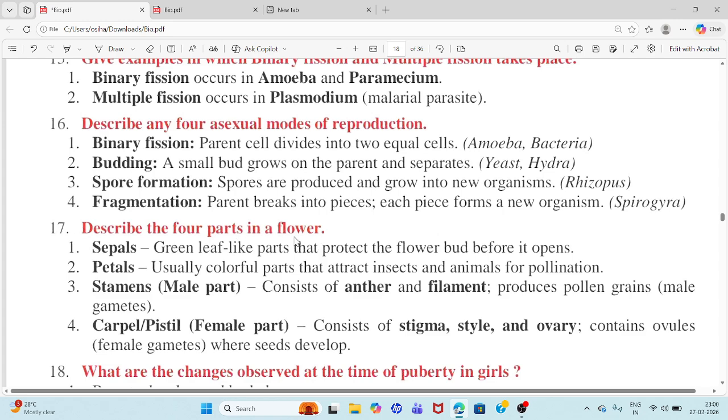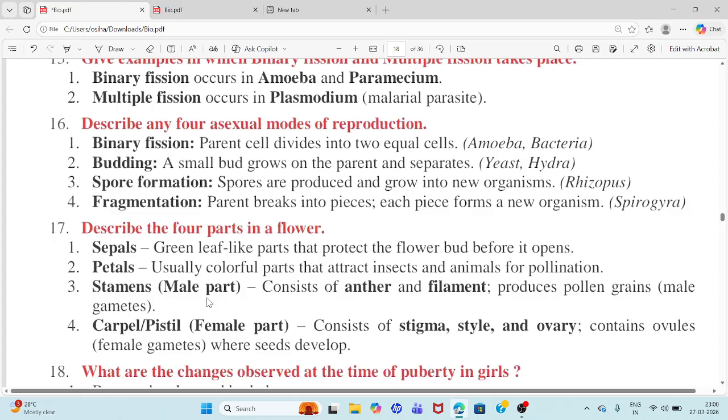17th question. Describe the four parts in a flower. Sepals, petals, stamens, carpel or pistil. Sepals are green leaf-like parts that protect the flower before it opens. Petals are usually colorful parts that attract insects and animals for pollination.